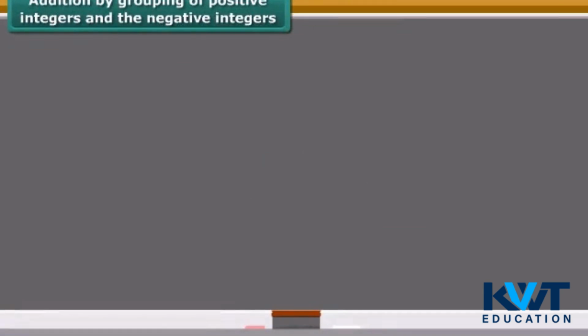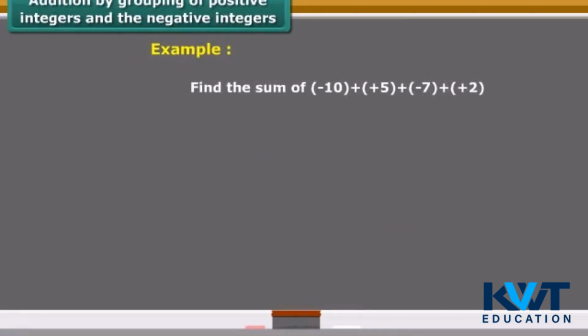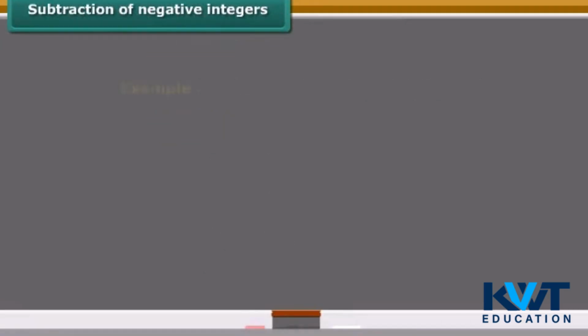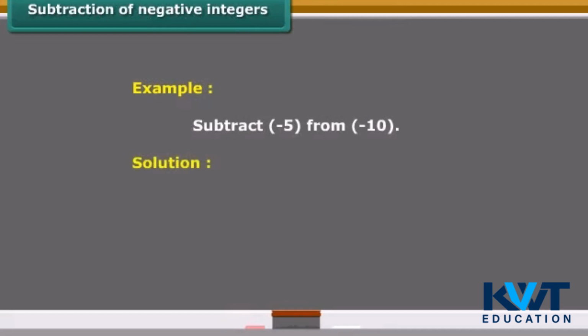For better understanding, we can solve one example. We arrange the numbers so that the positive integers and the negative integers are grouped together. Now let us find the value of -10 minus 5 using a number line.